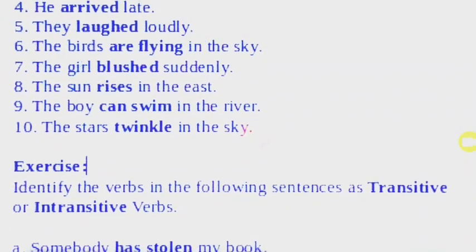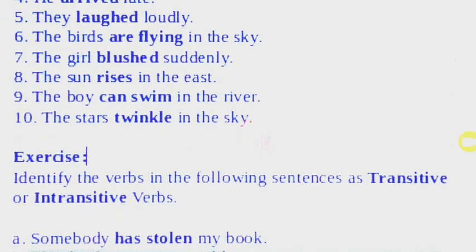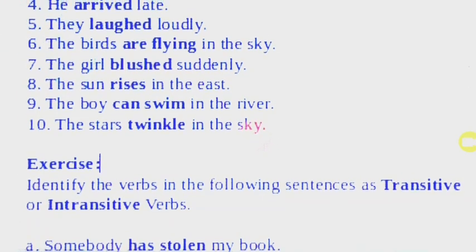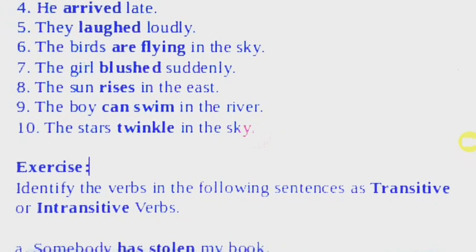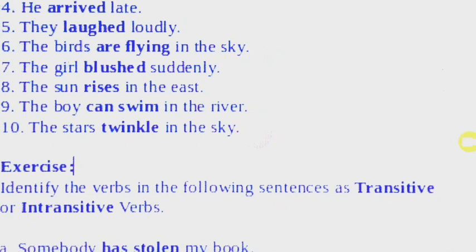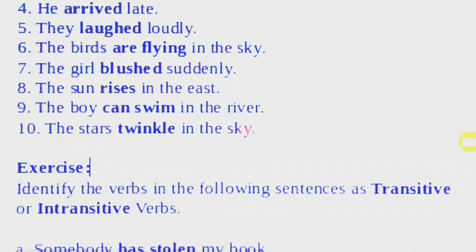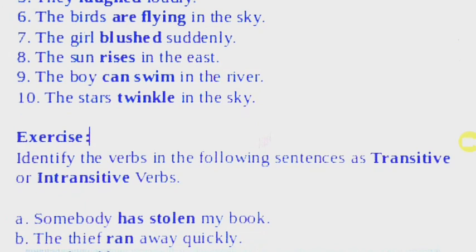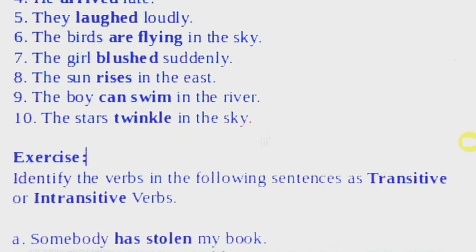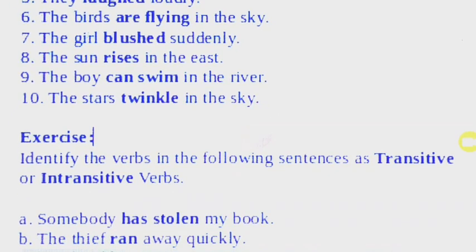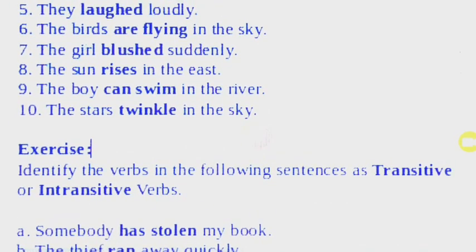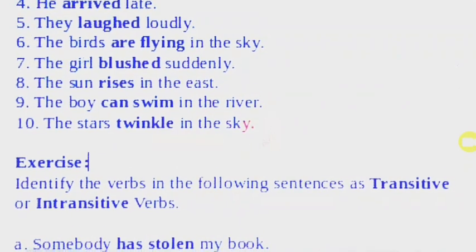In the sky is not an object of the verb flying; it is the object of the preposition in. We can complete the meaning by saying the birds are flying. In the next one: the girl blushed suddenly. Blush is the intransitive verb, suddenly is adverbial.